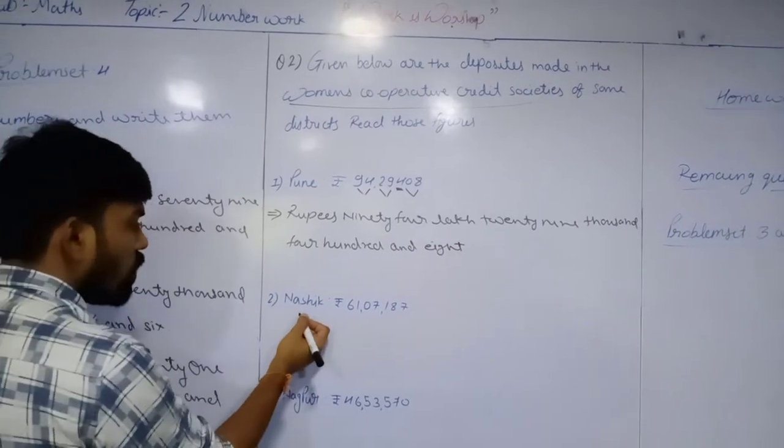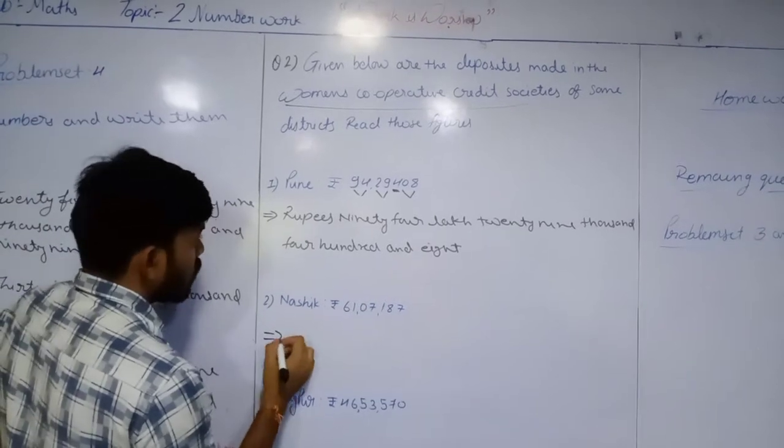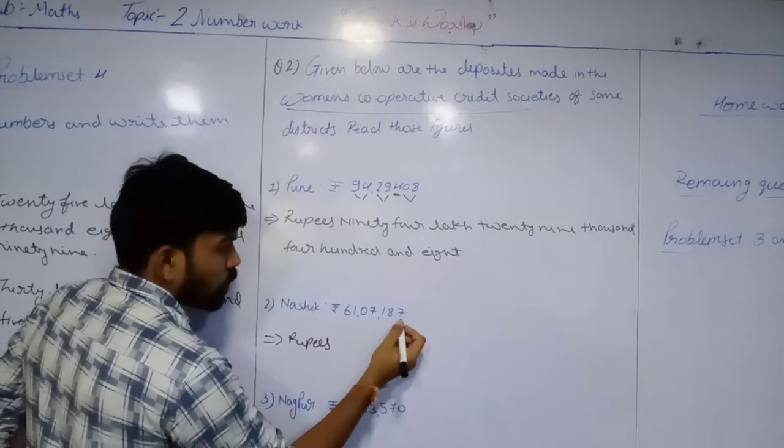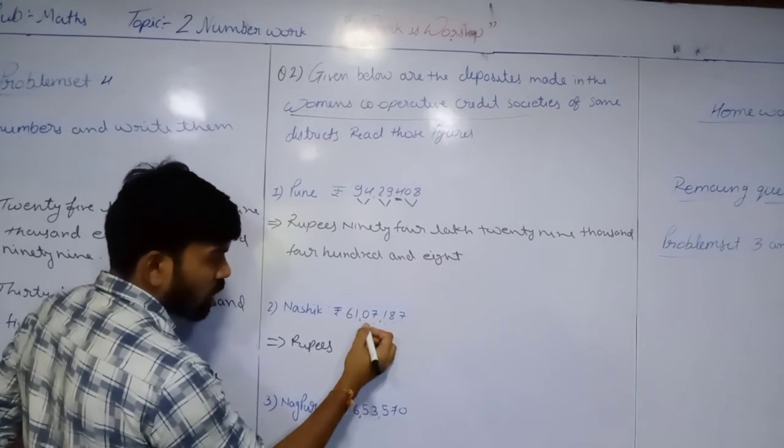The second one is given for Nasik. So rupees, unit, tens, 100, 1000, 10,000, lakh, 10 lakh.